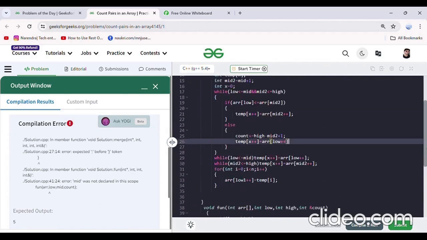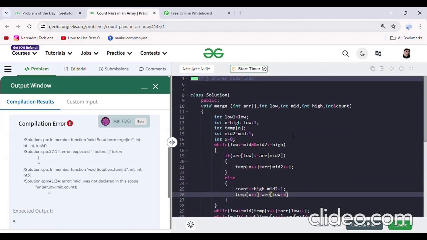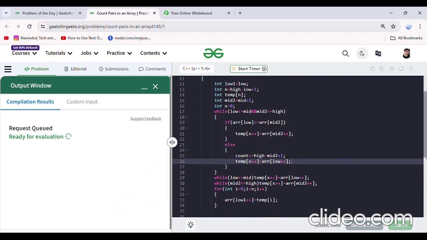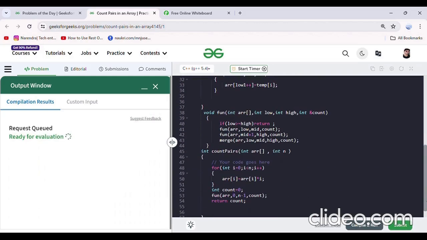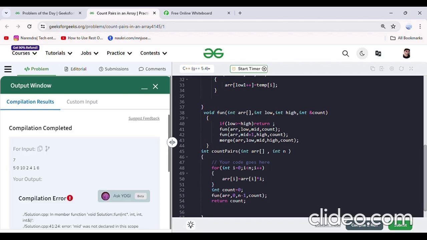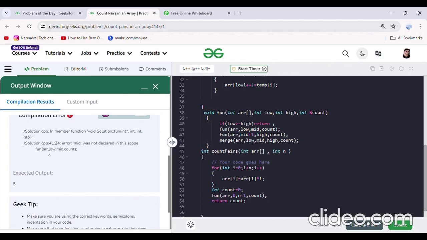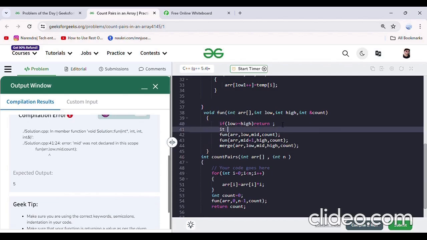14th line, again we got the error. Sorry, here we have to find mid, right?